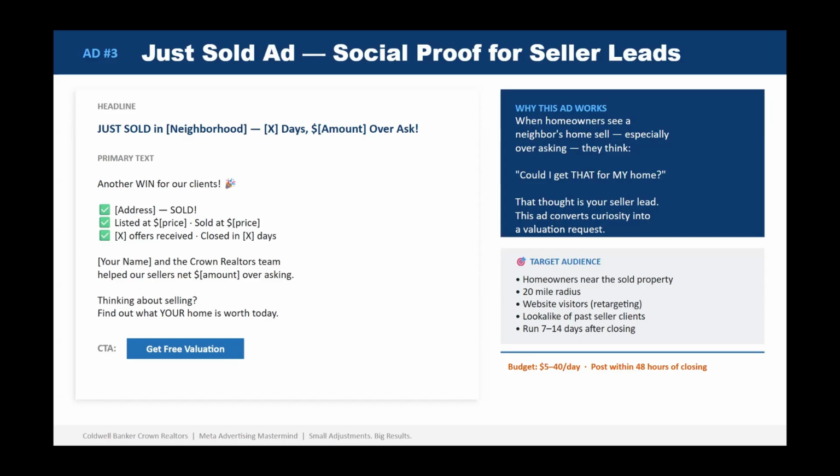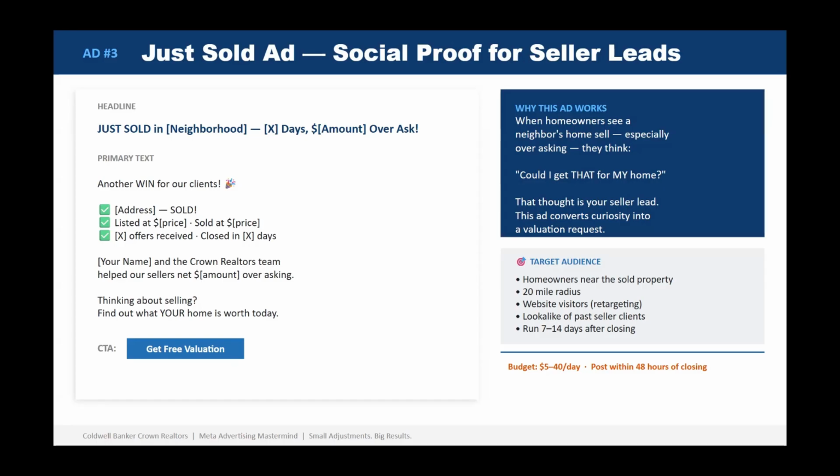If your days on market are better than the amount that you sold the property for, pick one, right? Pick one to determine, think about what you would click on. Your call to action here is going to be get a free home evaluation. And we have those lead forms on our website. Okay.